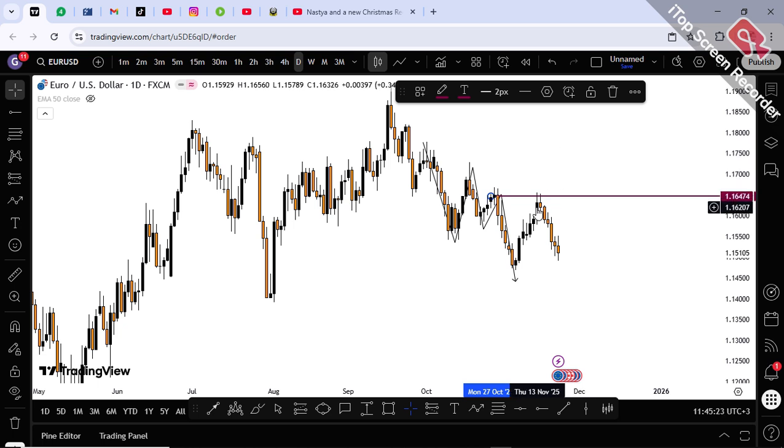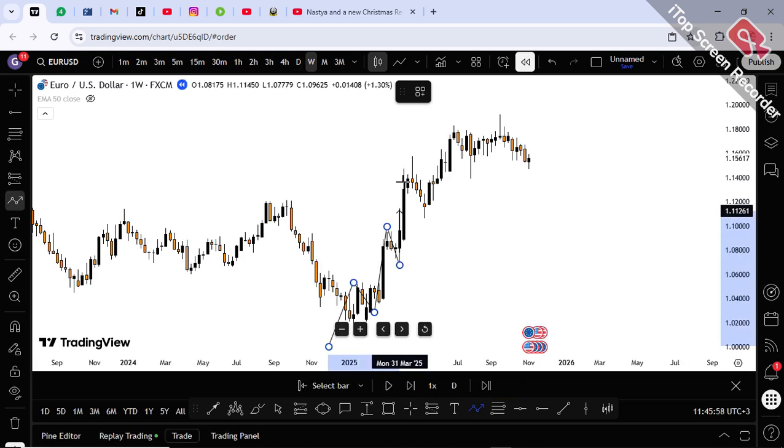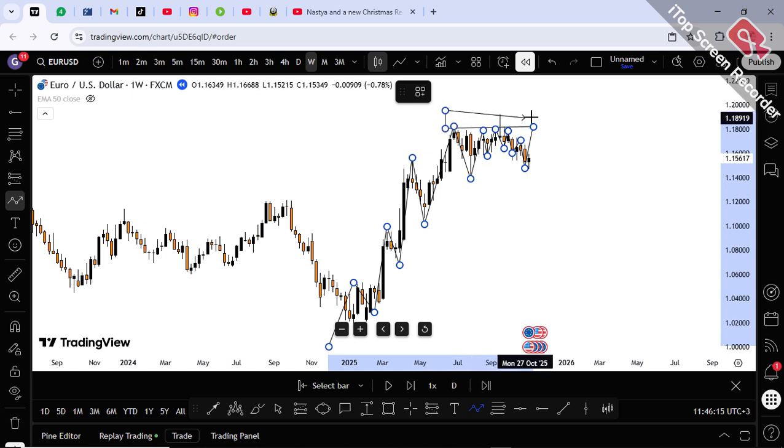Then let's look at a clear top-down analysis. The weekly is bullish. Market maintains these higher highs and higher lows. The higher high, the higher low, the higher high, the higher low. Then we have had another new higher high. Whenever we have had retracement, price has never been able to give us a full candle that has closed above this area.